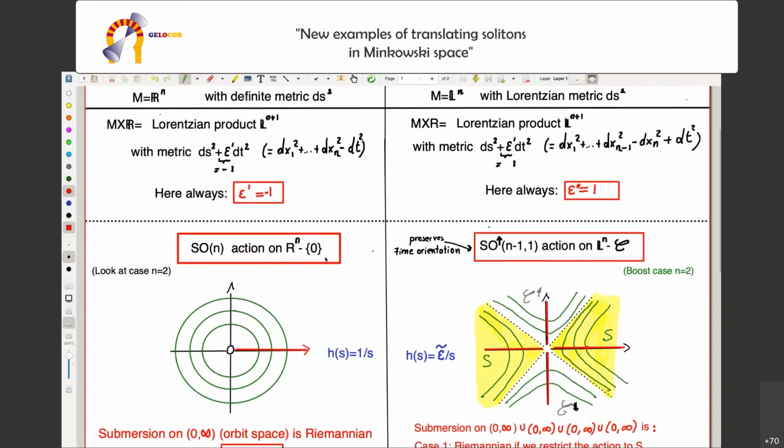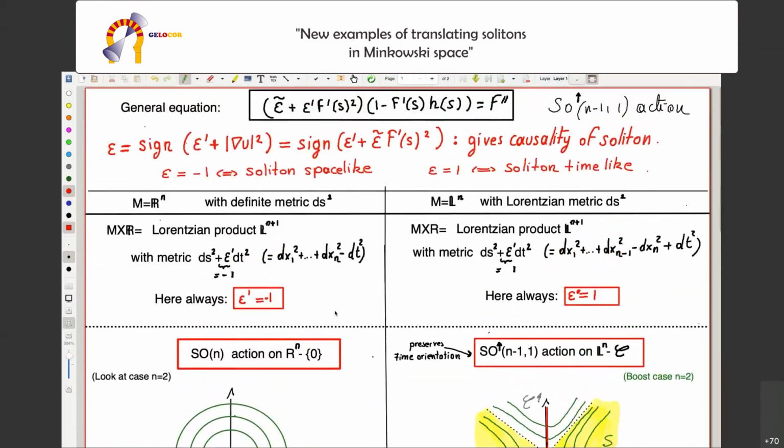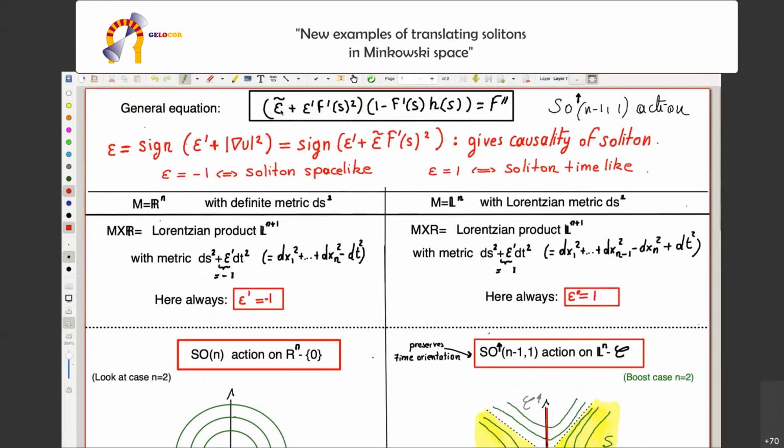So we have to take the 0 out. This is a picture of the action of the group in the case n equals 2. The orbit space is just the interval (0, infinity) here, and it is Riemannian, meaning that epsilon tilde here is going to be 1.